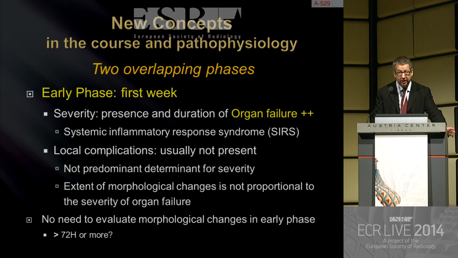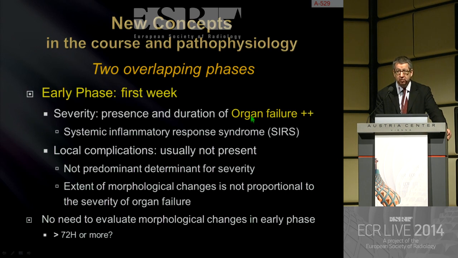So let's go back to the two phases. Those phases are overlapping, of course, but the early phase is more or less during the first week of disease. During that first week of disease, the host response to the pancreatic injury, the so-called systemic inflammatory response syndrome, will be the main cause for severity, and the severity at that time will be related to the presence and duration of organ failure.